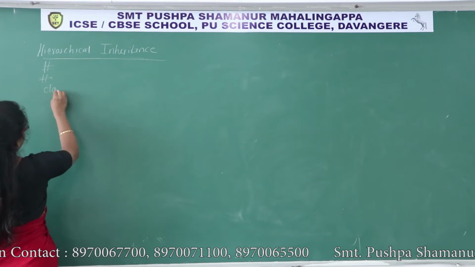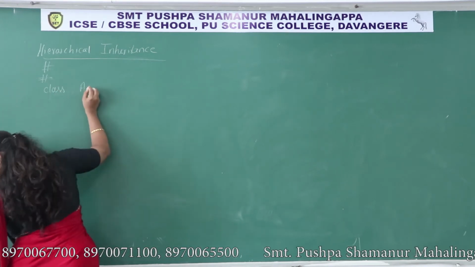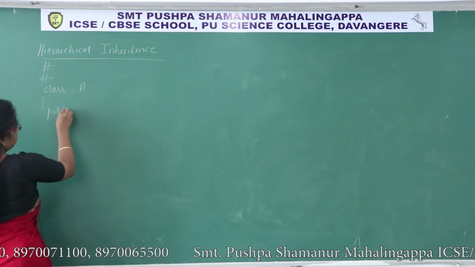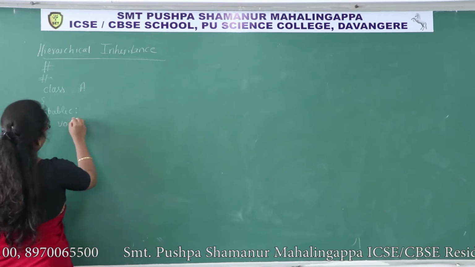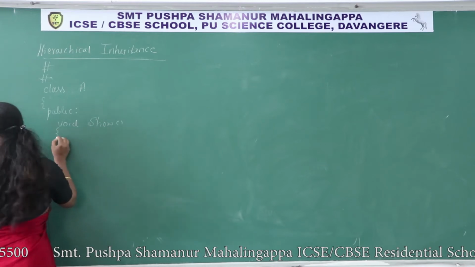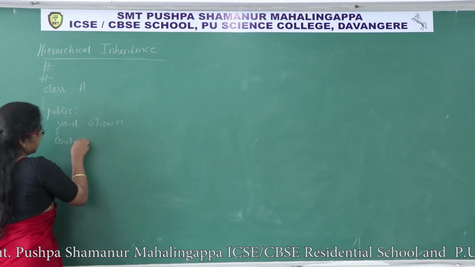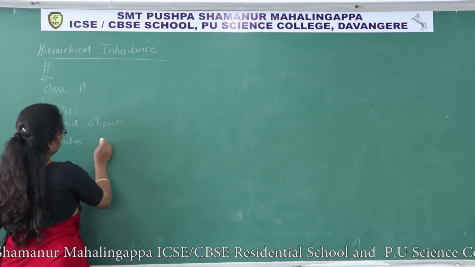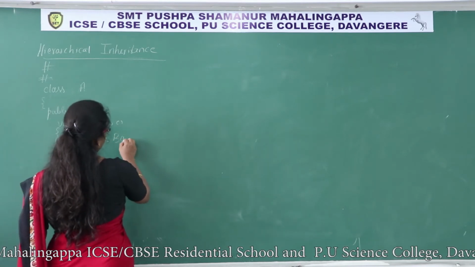Class, I'll take class A. In the public section, void show, cout. This A class is a base class.